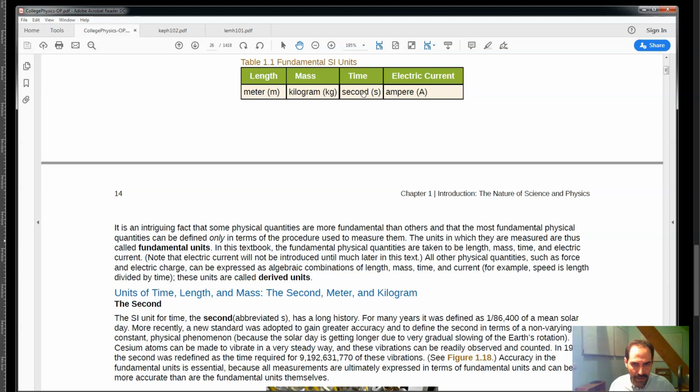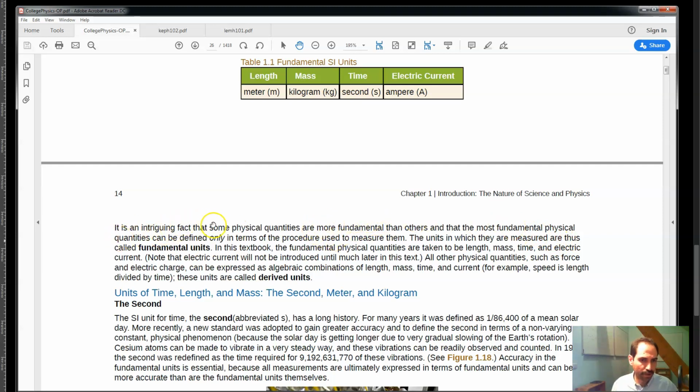So that is an example of units that can be measured only in terms of the procedures used to measure those units. To repeat this, in case you didn't understand my sentence, the units in which they are measured are defined by those procedures.